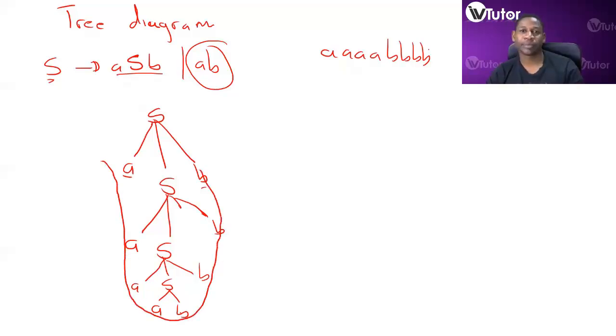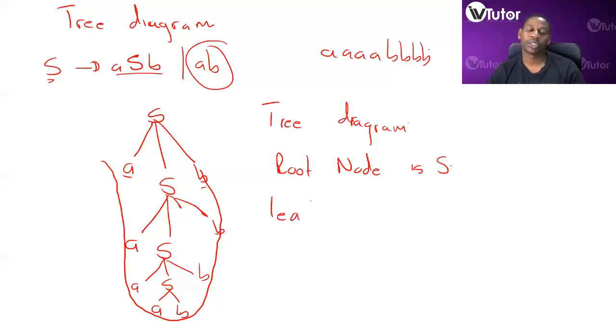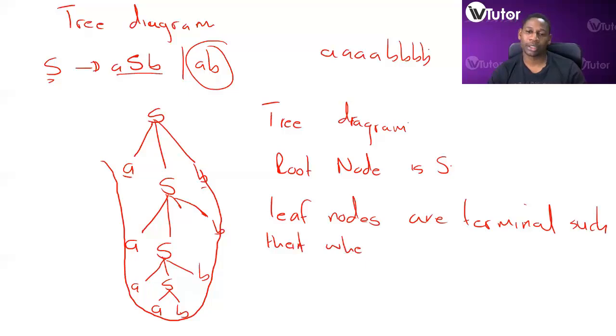So a tree diagram, we are saying that the root node is S, then leaf nodes are terminals, such that when we pass from left to right, we get a word in the language.